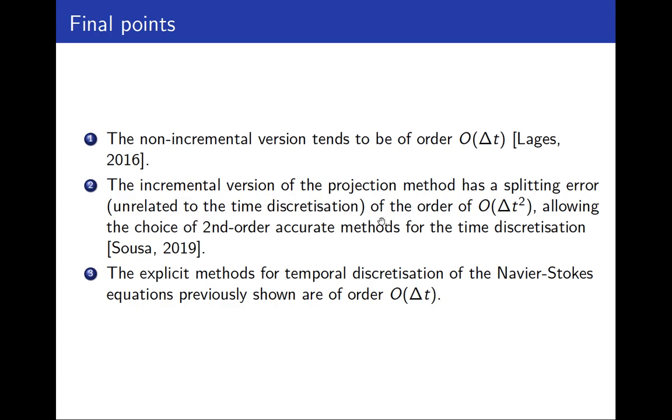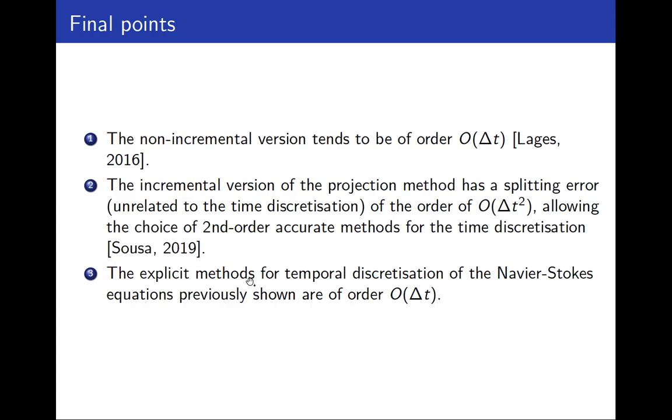So this incremental version of the projection method is of order delta t squared, which allows us to choose second-order accurate methods for time discretization. So instead of the semi-implicit Euler method, we can also use more accurate methods for temporal discretization, such as Crank-Nicolson, and so on. You can find more information about this in this paper.